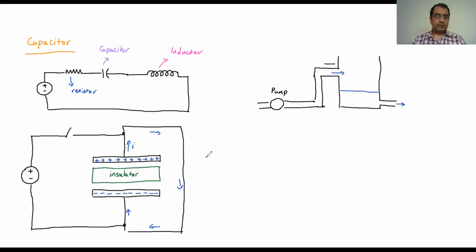That's how the capacitor works. It stores the energy very quickly, and it releases the energy very quickly as well, and then we use it for any purpose that we need in this system.